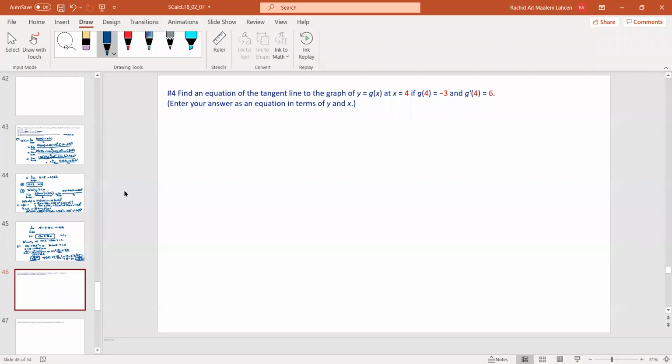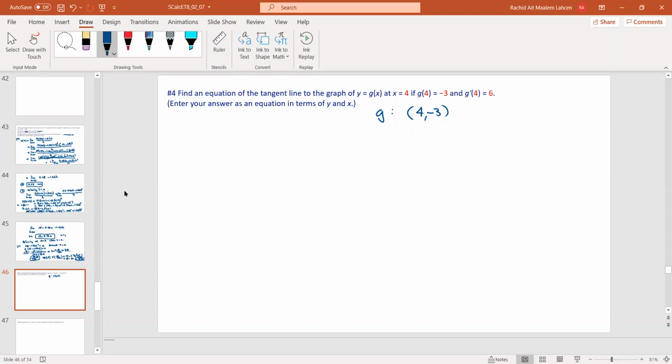For this question, find an equation of the tangent line to the graph of g of x at x equals 4, so the point is 4. If g of 4 is negative 3, what does that mean? It means there is a point on the graph at 4, negative 3.